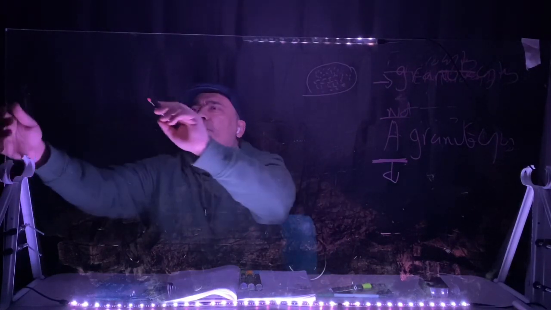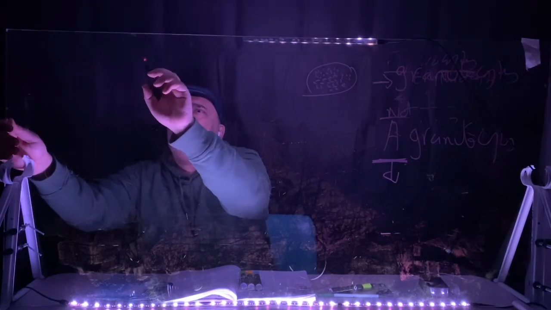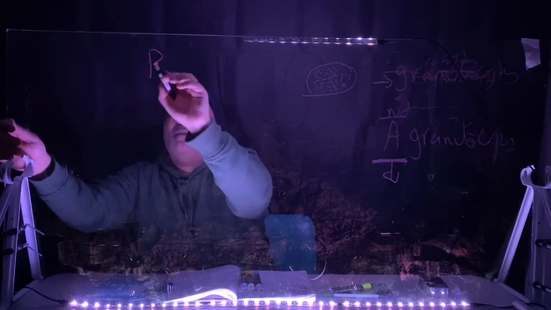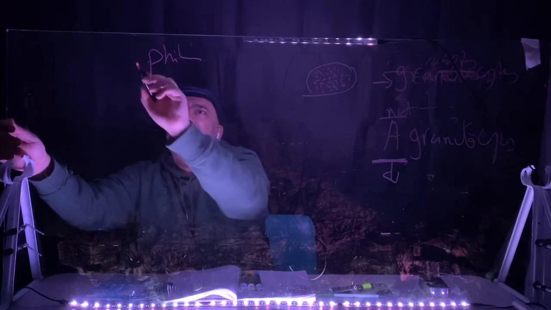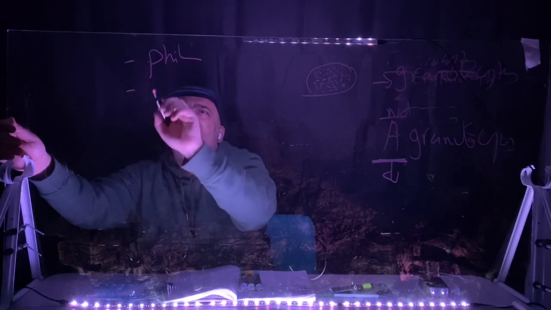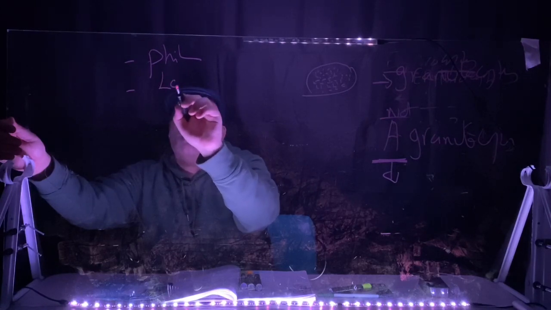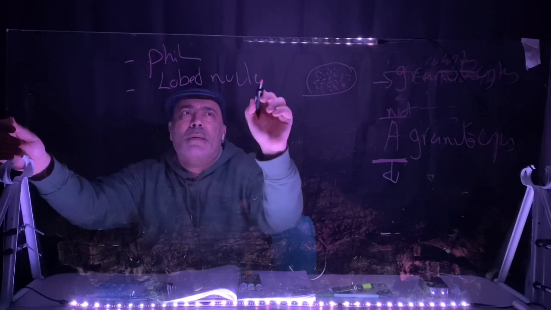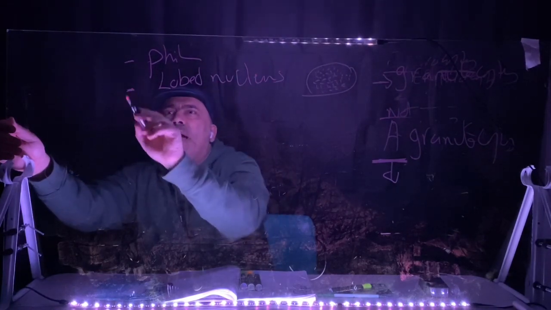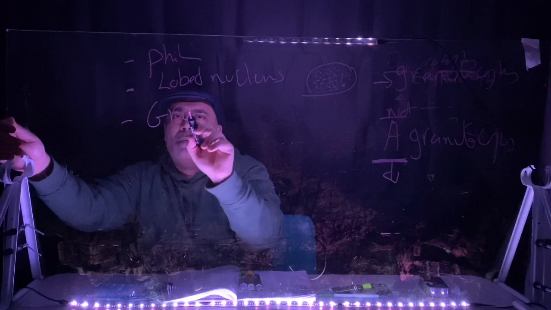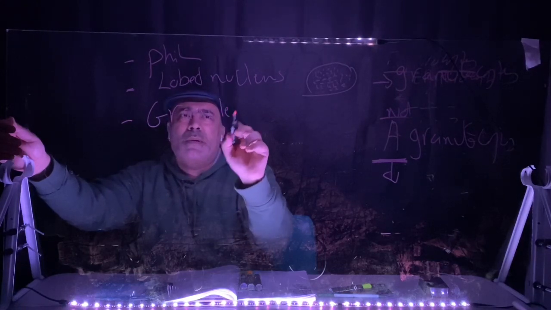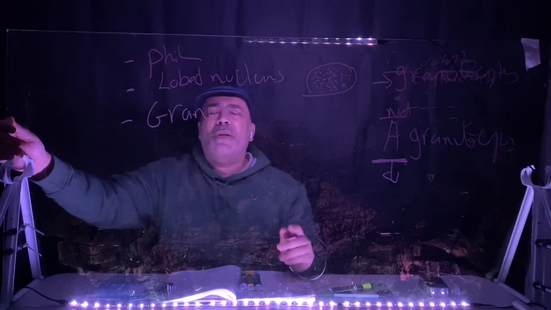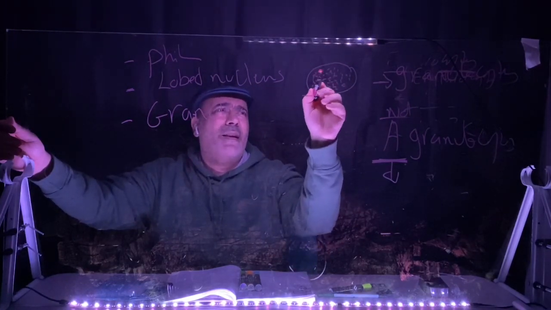Granulocytes have granules. Usually the name ends with "phil," and usually it has a lobed nucleus. And of course it has the granules. Again, the granules look like sand when you look inside, like the sandpaper, they have a rough surface.